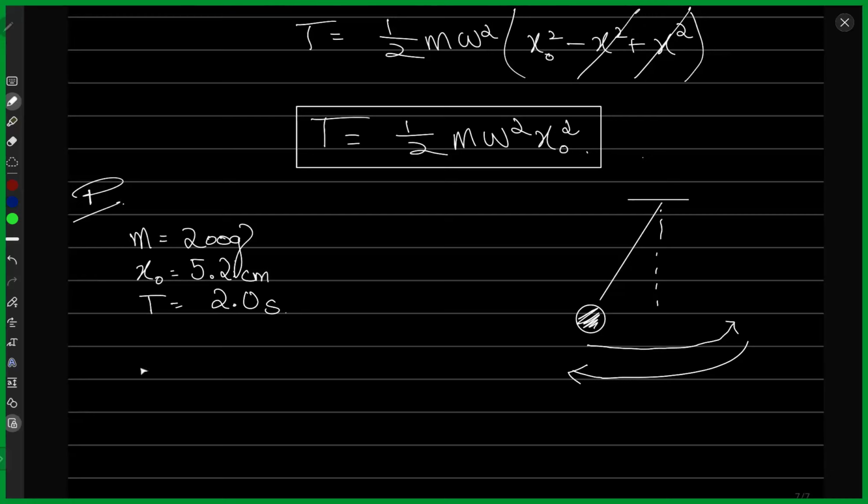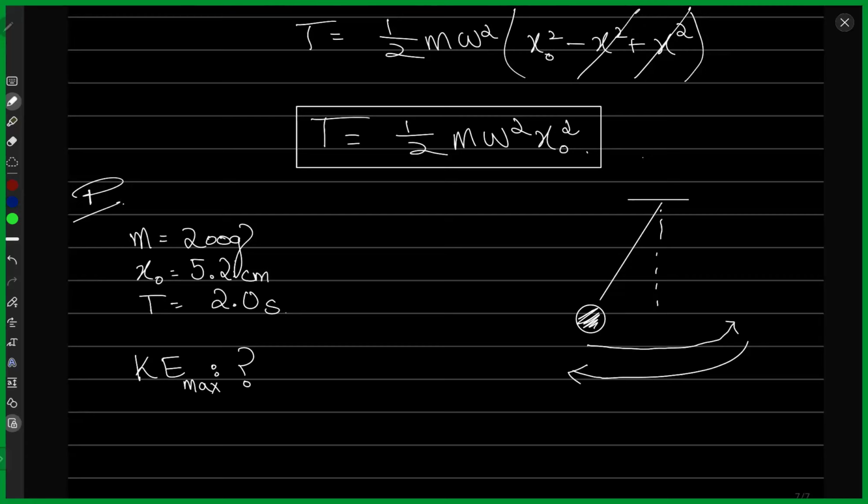Our question is to compute the maximum kinetic energy. But I want you to tell me at what point in this figure this pendulum or bob will have a maximum velocity, because that's when it will have the maximum kinetic energy.